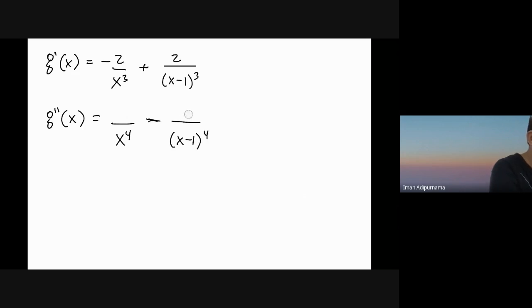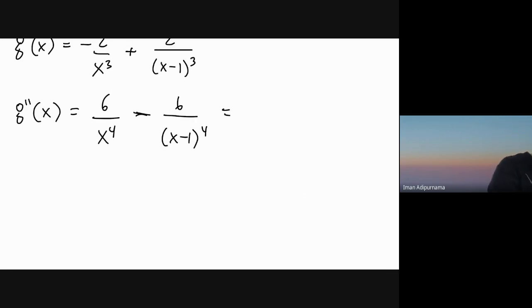Sorry, not 2, it's 6. Yes, you have to have 3 multiplied by 2, it's 6. Okay, and then we can take this and simplify the form, combine these two, we get 6. Now we have order 4, with the power of 4.